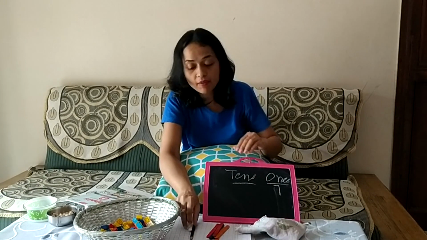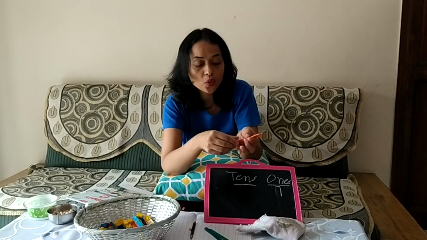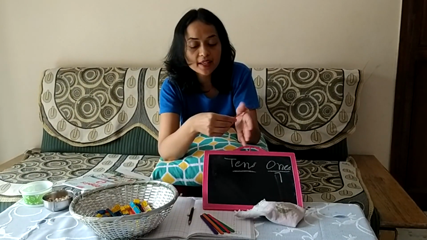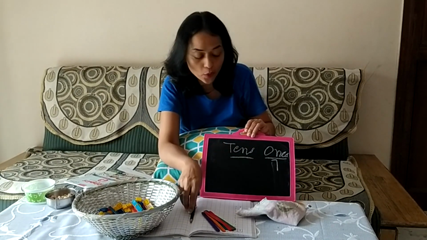Now I have 7. So let's count 1, 2, 3, 4, 5, 6 and 7. Again under tens I have no value.